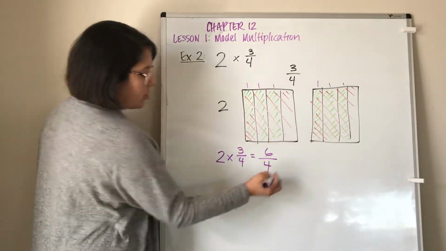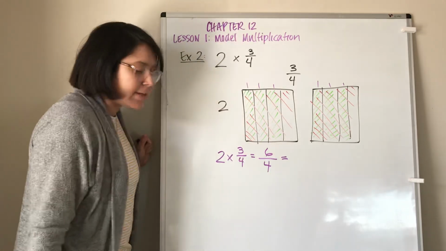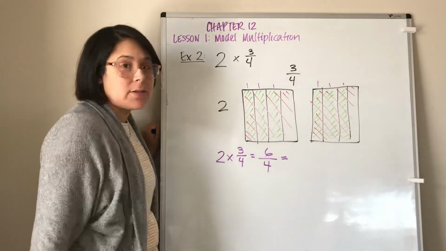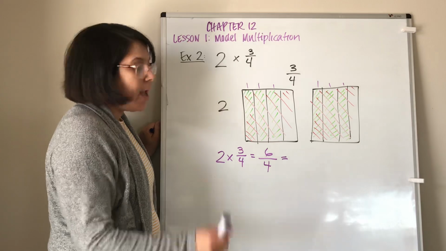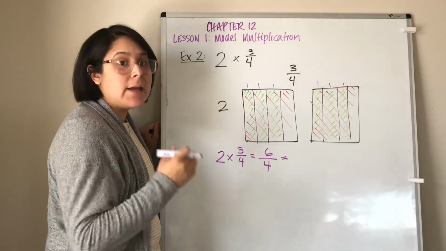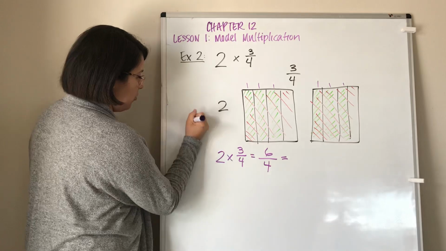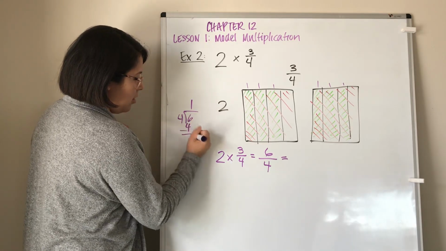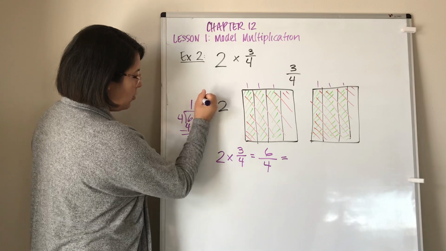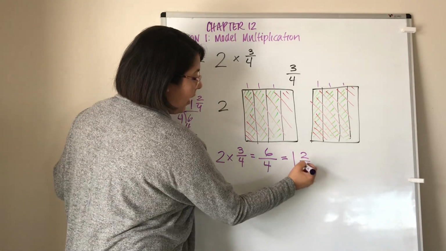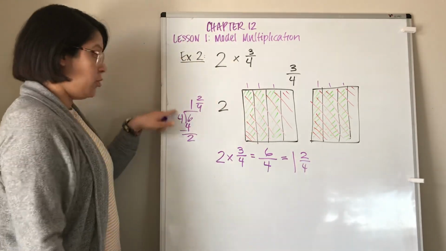So 6/4. And the reason why I have number 6 on there, simplify, is this very reason. 6/4, I need to simplify that. How do I simplify that? If it's improper, I divide. You should be able to know how to do this now without doing this division.